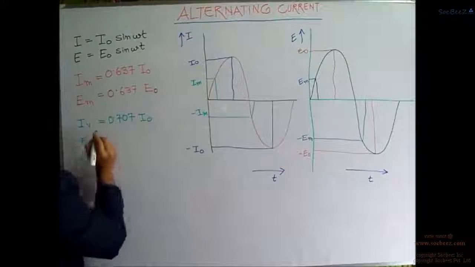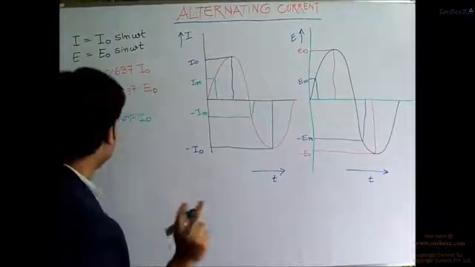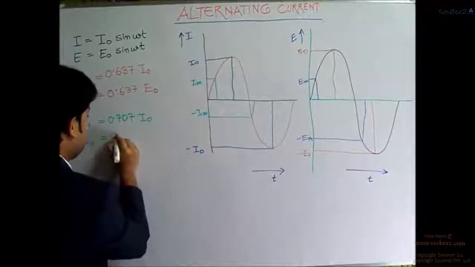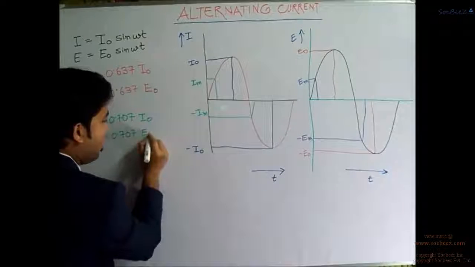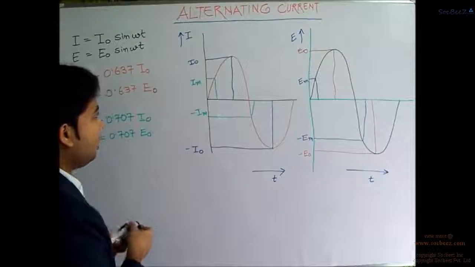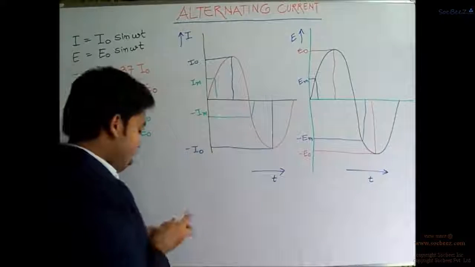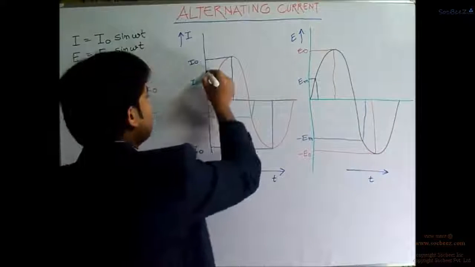Likewise, the virtual value of this alternating EMF will be equal to 0.707 E naught. So, if we want to locate this point, we could find it like this.